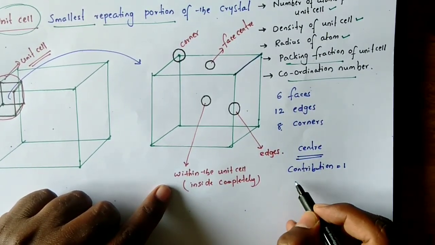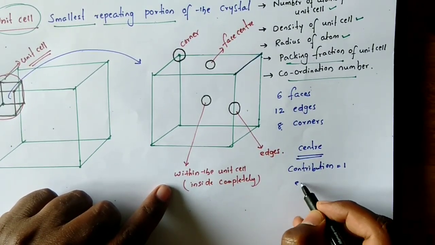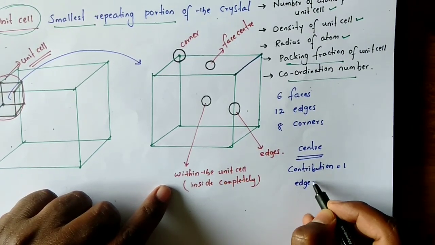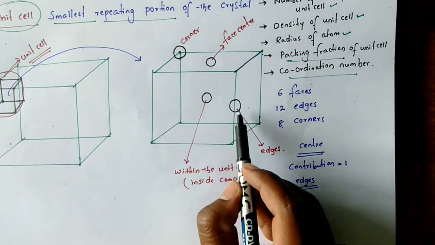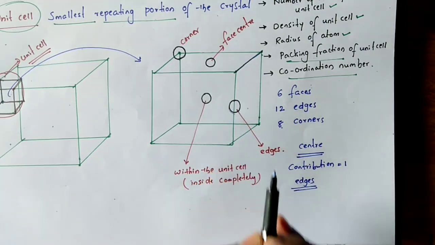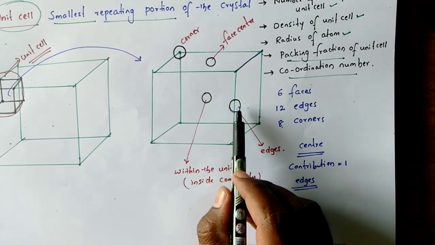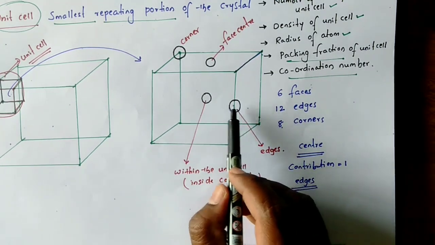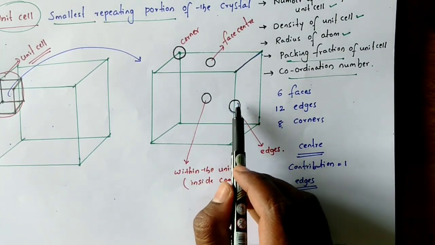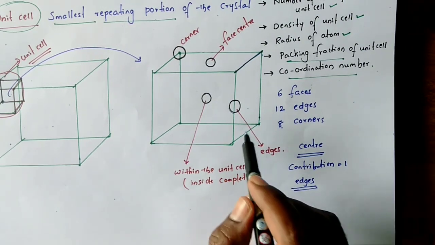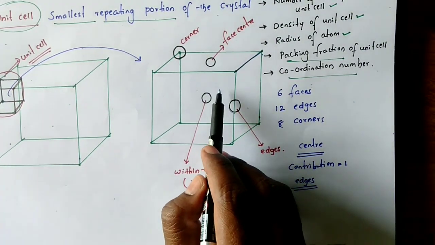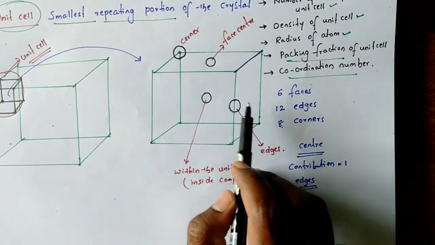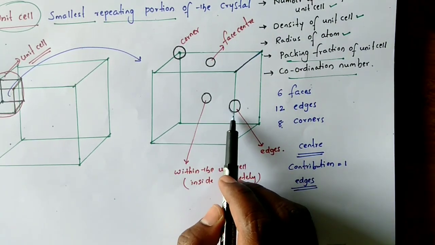If the atom is present on the edges, this atom is shared with 4 unit cells. It is in this unit cell, and with 3 other unit cells it can also be shared.